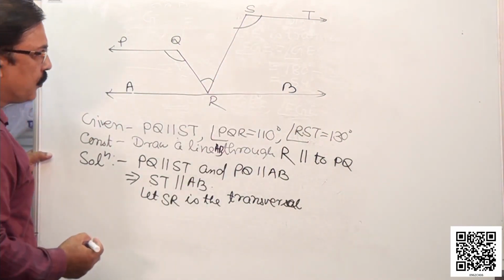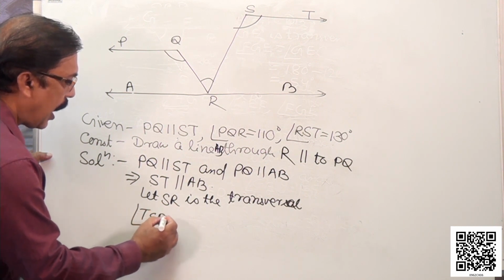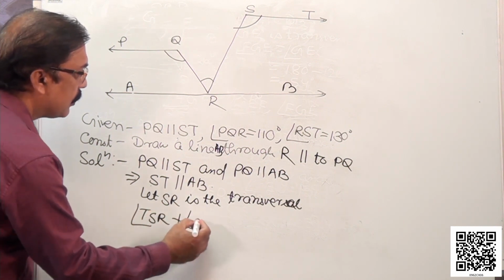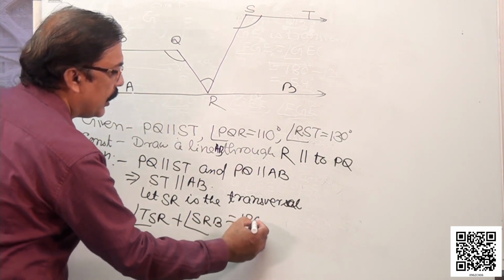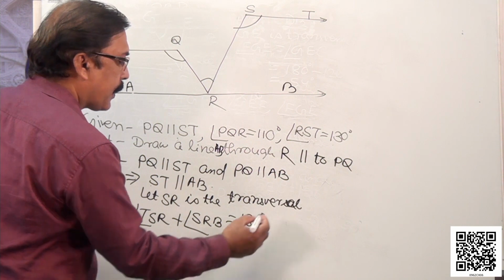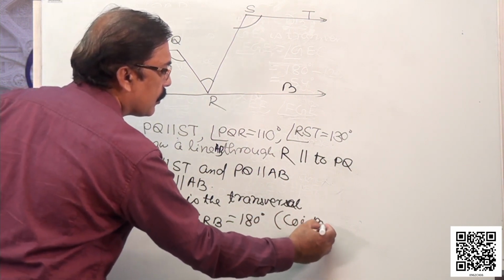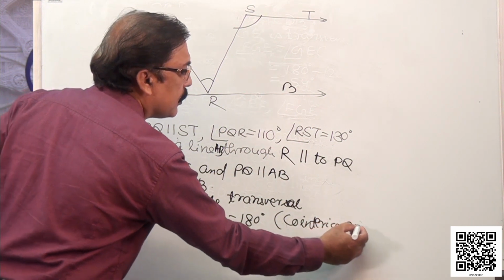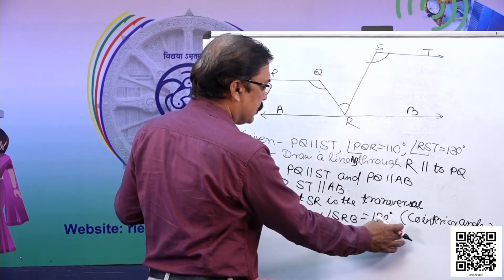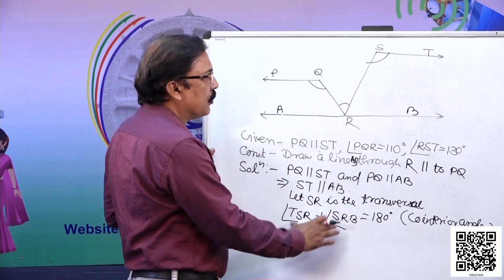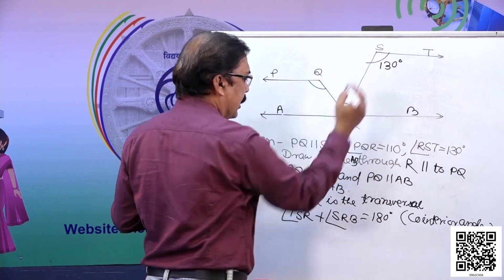From this we get angle TSR plus angle SRB equal to 180 degree as co-interior angles. Out of this, we have given TSR to be 130 degree.